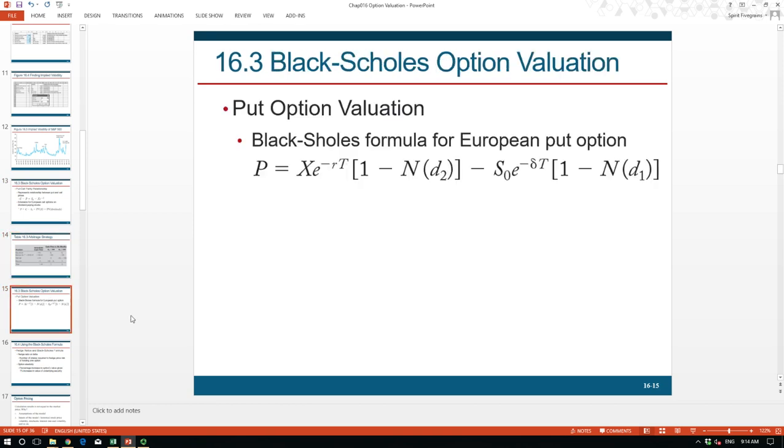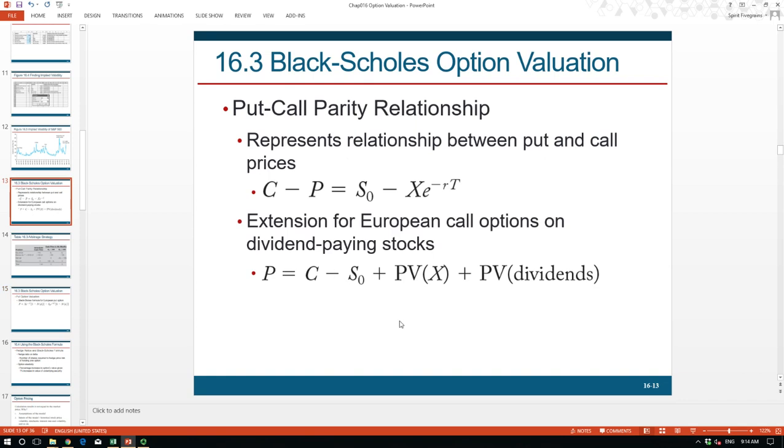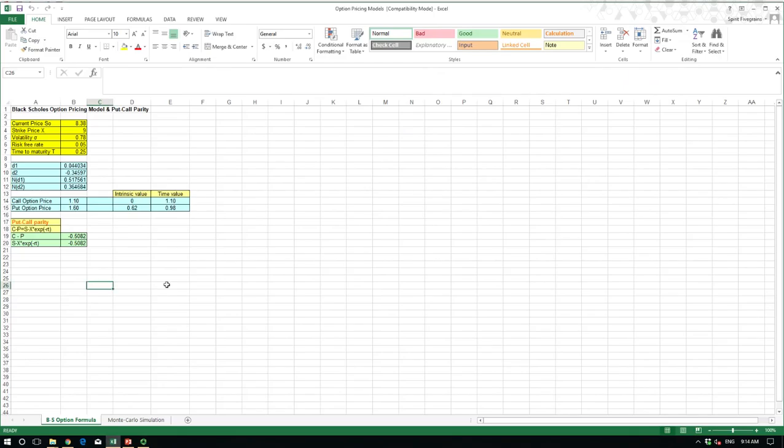And here is the Black-Scholes formula for a put option, and it's pretty complicated. In this case, I always prefer to use put call parity to get a put option price once we know the call option price. Right. So in this spreadsheet, you see that put call parity always holds in the context of the Black-Scholes option pricing formula.